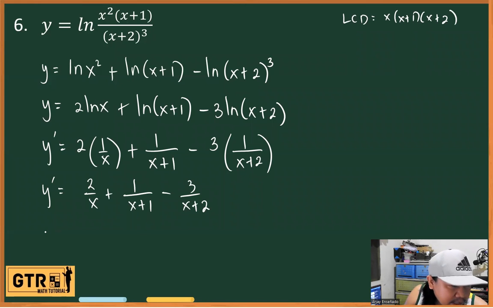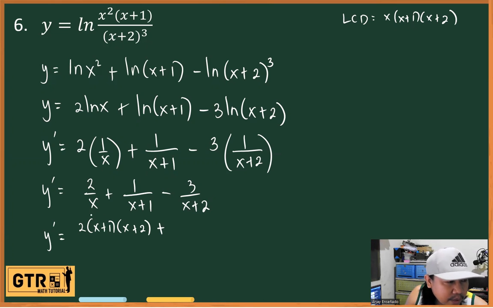So therefore, we simplify: y prime is equal to, so this is the LCD, divide by x. If we divide by x, the remaining term is x plus 1 and x plus 2 multiplied by 2. So we have 2 times x plus 1 times x plus 2 plus, so we have 1. This is the LCD, divide by x plus 1.